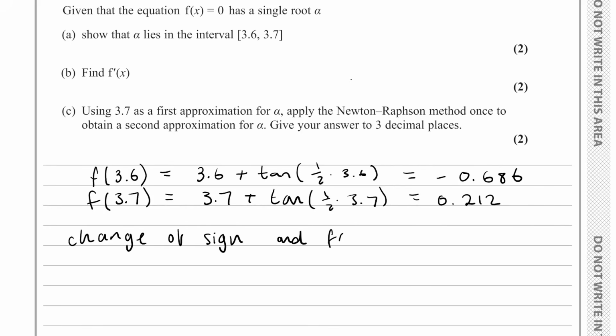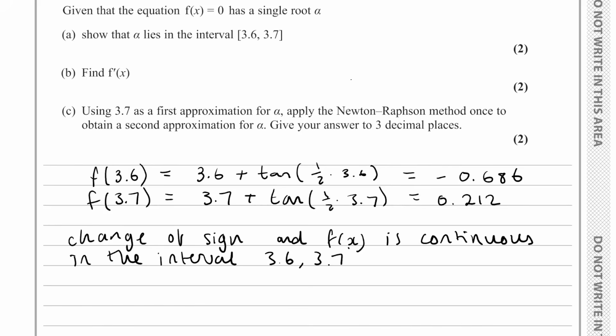And f of x is continuous in the interval 3.6 to 3.7. Therefore, alpha lies in the interval 3.6 to 3.7.